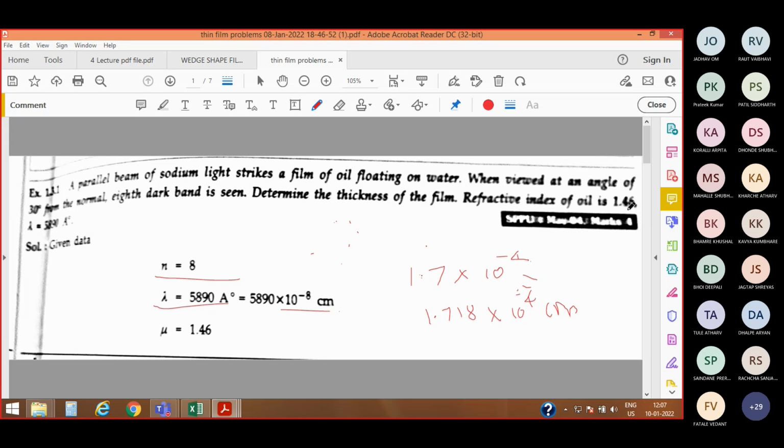The refractive index of oil is 1.46 and the wavelength of sodium light is given. तो आपको क्या पूछा है? Thickness small t. Find the value of small t. 2 times mu t cos r is equal to n lambda.